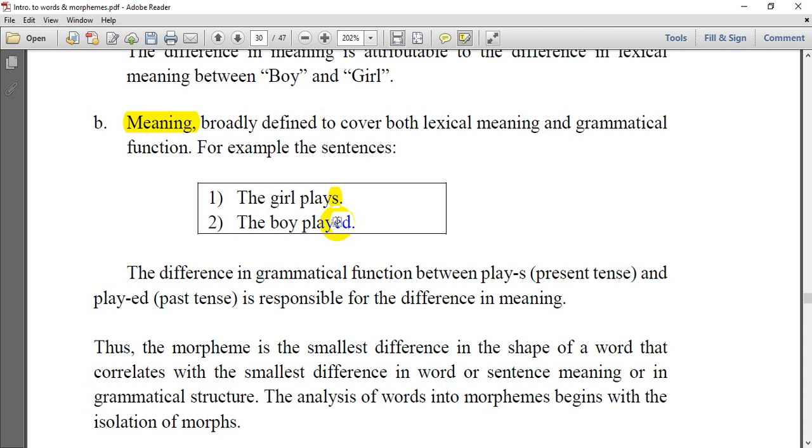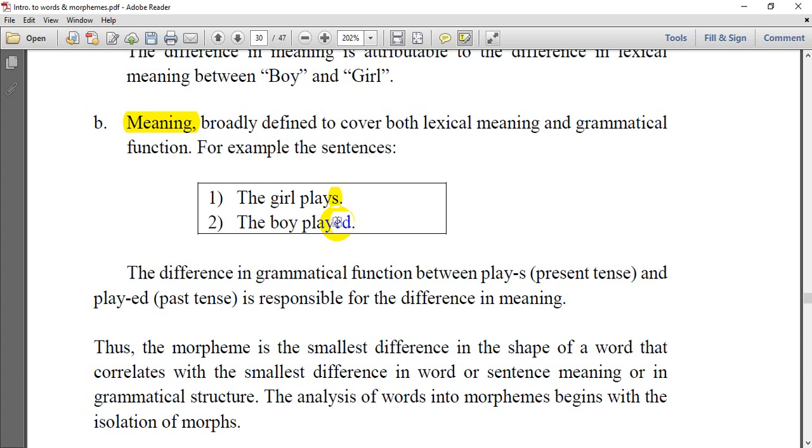So the main principle used in the analysis of words is the principle of contrast, contrasting forms that differ in phonological shape, for example, the girl plays and the boy plays, depending on the sound, and in meaning, the girl plays and the boy played.